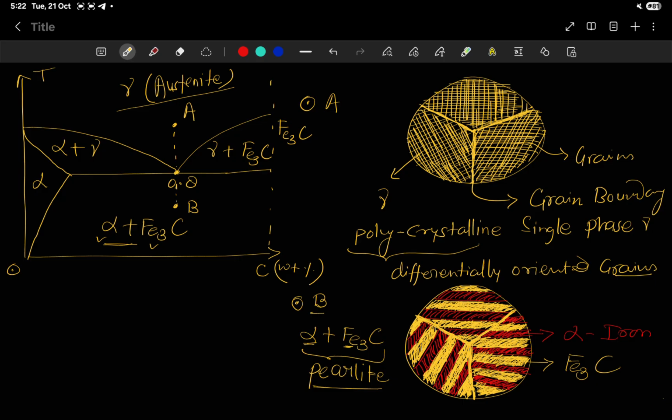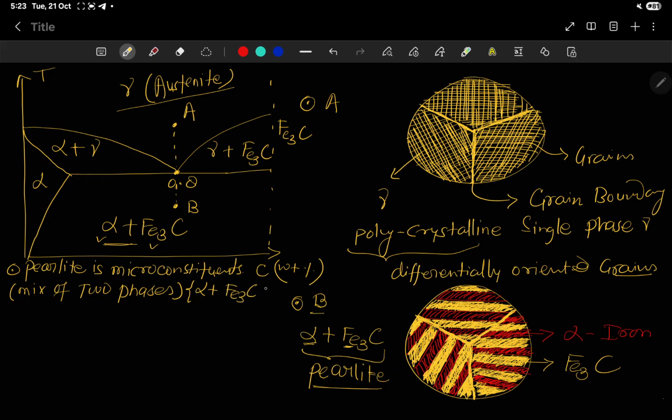Pearlite is a microconstituent, that is, a mixture of two phases, which is alpha plus Fe3C.